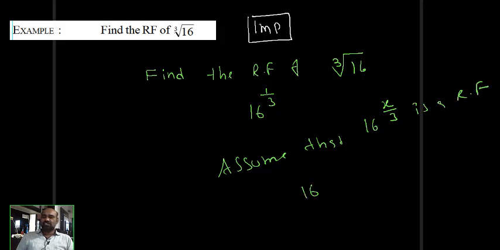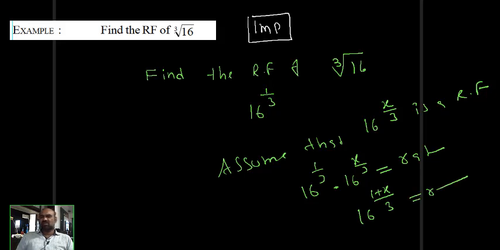What is the meaning of that? 16 power 1 by 3 into 16 power x by 3 equals a rational number. 16 power (1 plus x) by 3 is rational. I just now explained how to find x, that is not a big issue. x is 2, this is one of the integers. x is 5, integer only. If x is 2, what is the RF? 16 power 2 by 3 is one of the RFs.